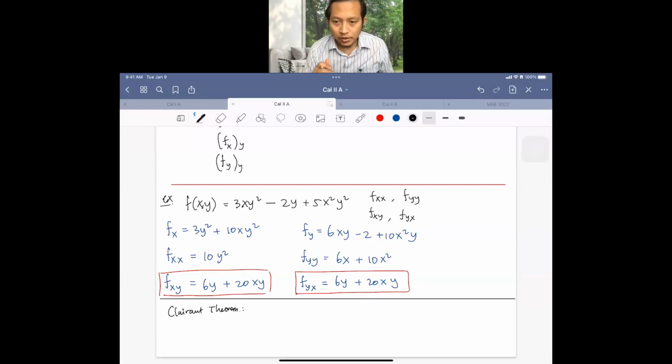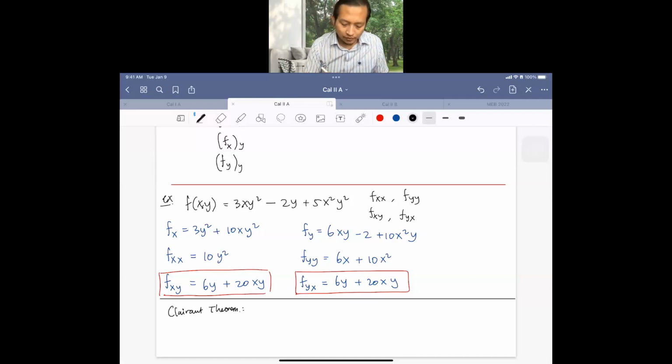The simple words for this theorem is just saying that the partial xy is equal to partial yx. So no matter how you reverse the order, as long as the number of partial derivatives is the same, it should be the same result.